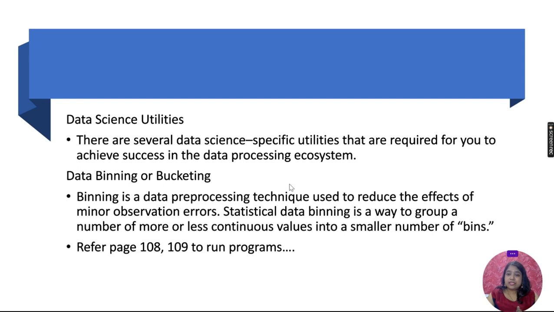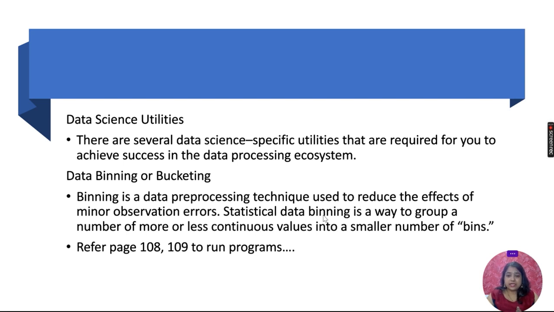Now, the data science utilities. So there are specific utilities that are required for achieving success in the data processing ecosystem. Data binning and bucketing. Binning and bucketing is actually used to reduce the effects of minor observation errors.